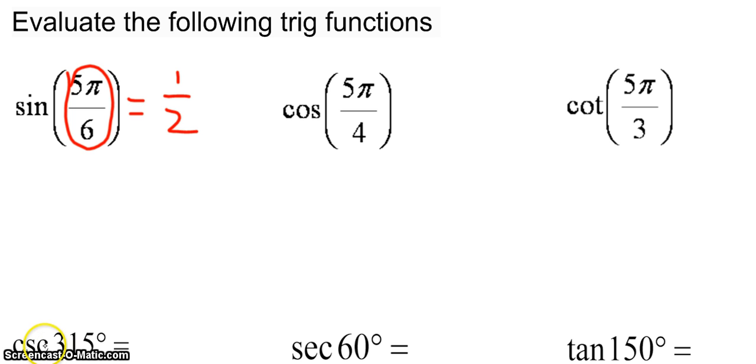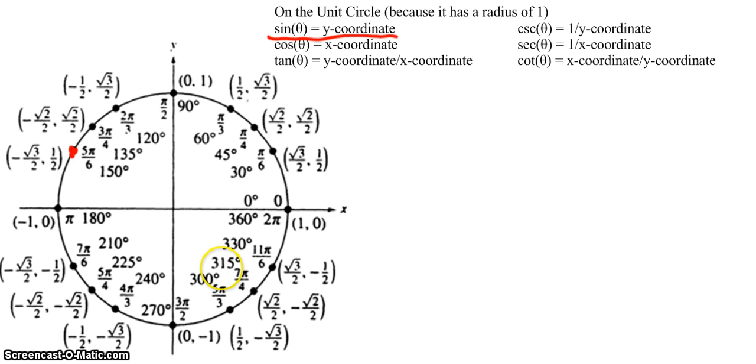What is the cosecant of 315 degrees? Okay, well, I look on my unit circle. Here's 315 degrees. So I'm looking at this point. What is cosecant? Cosecant is 1 over the y value. What is the y value?